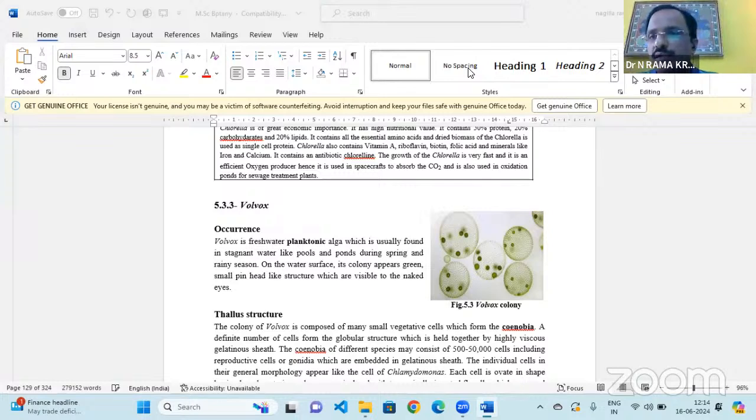But in Chlamydomonas, the nucleus is in the center part of the cell, sometimes eccentric, just beside the center, or situated nearby the anterior region. It usually remains surrounded by a ring of small vacuoles called the central vacuoles. So this is the nucleus.